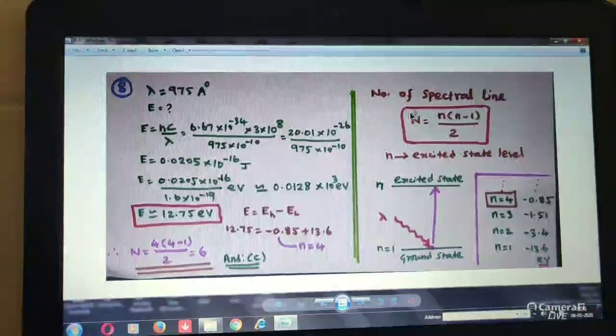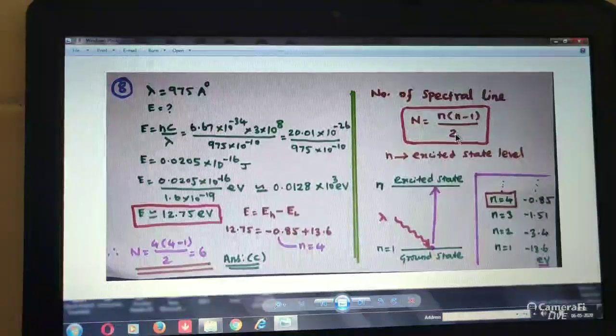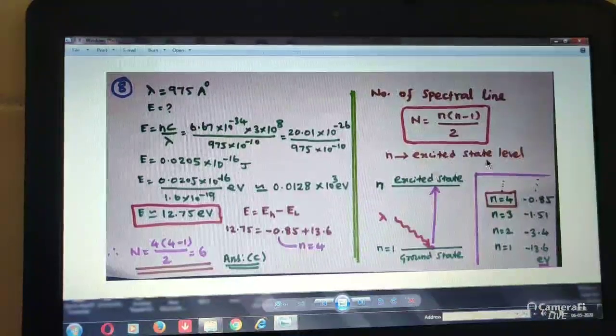Immediately you know the formula, number of spectral lines is n into n minus 1 divided by 2. Here n means the excited state level. What is the excited state level? Now we find n is equal to 4. So apply 4 into 4 minus 1 divided by 2. If you simplify, 2 into 3, that is 6.